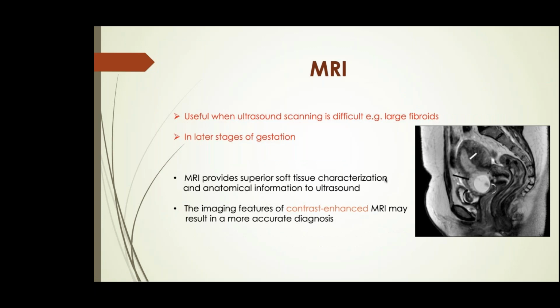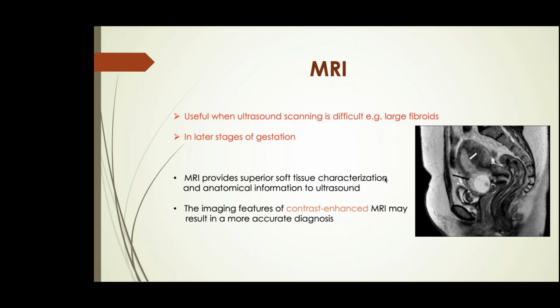The MRI is useful when ultrasound scanning is difficult, for example, as I said before, in large fibroids, and in the later stages of gestation, like 12, 13, 14 weeks, when the ultrasound scan may not be that accurate, and you may use the MRI as well.